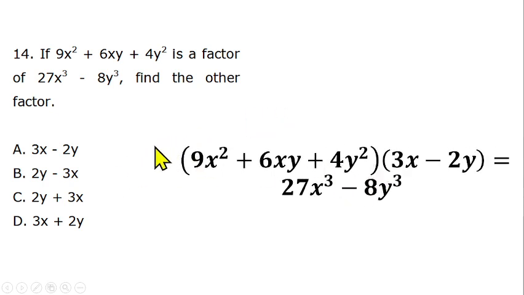Now it's very simple. All I need to look for is the factor that I can use to multiply this one that will give me this. The factor we are looking for is the one we can use to multiply this expression here to get this.